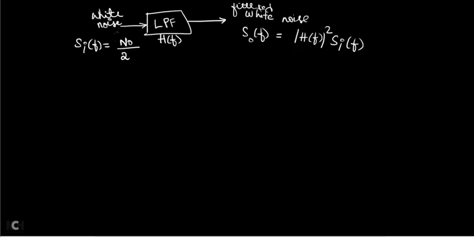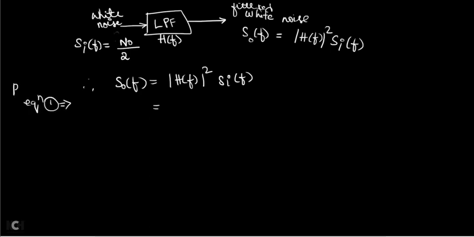Now I will rewrite the equation. We know that S0 of f is equal to magnitude H of f whole square into Si of f. Now what is H of f? Substitute your equation 1 here.